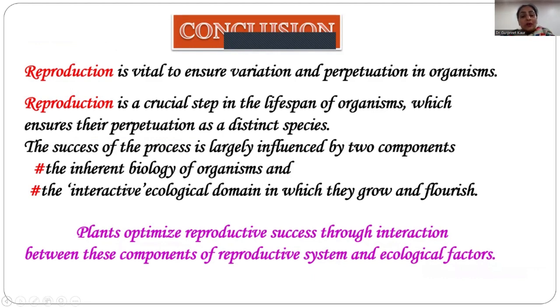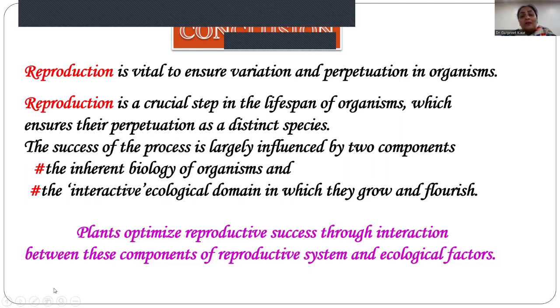The success of the process is largely influenced by two components: the inherent biology of organisms and the interactive ecological domain in which they grow and flourish. Vegetatively or asexually reproducing plants can grow in the favorable conditions in which they are growing, but others having variations can grow in distant environments, that is, they can adapt to changing environmental conditions. So plants optimize reproductive success through interaction between reproductive structures and ecological factors.